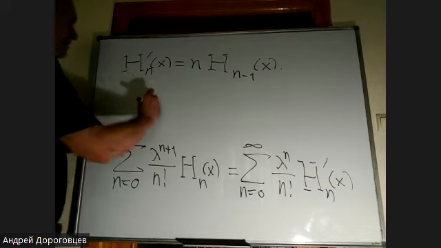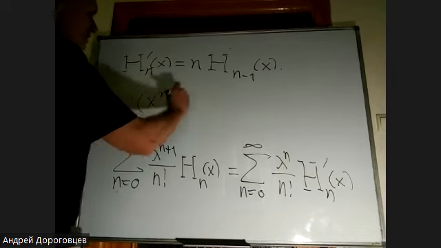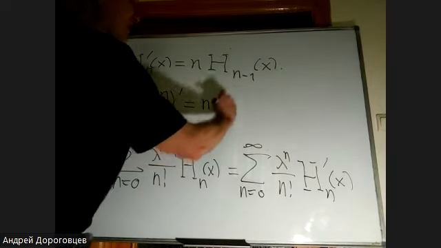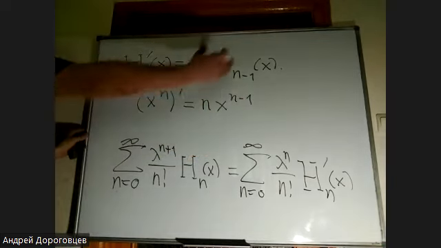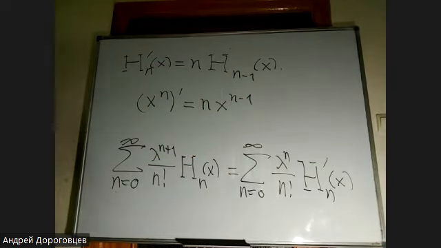You remember, of course, that (x^n)' is equal to n x^{n-1}. So we have exactly the same rule for differentiation of Hermite polynomials.